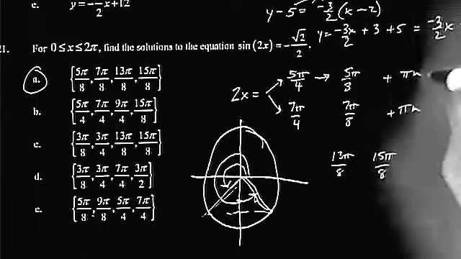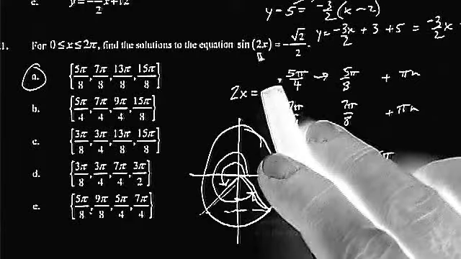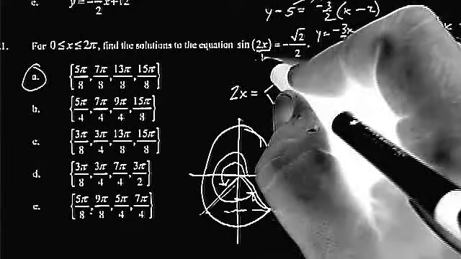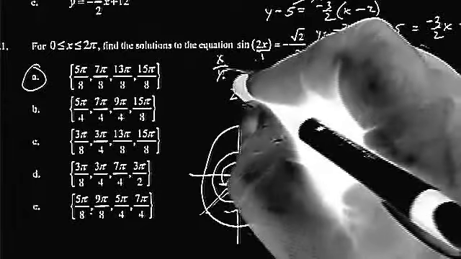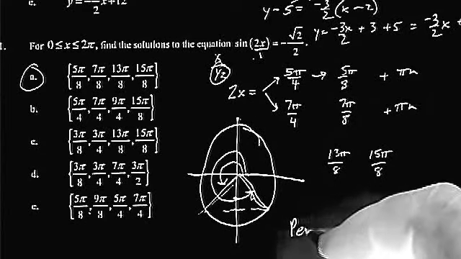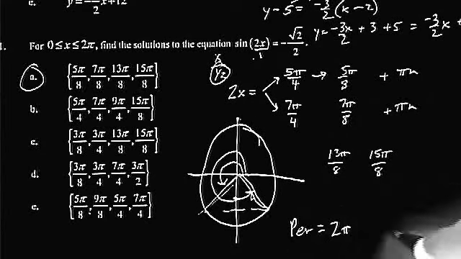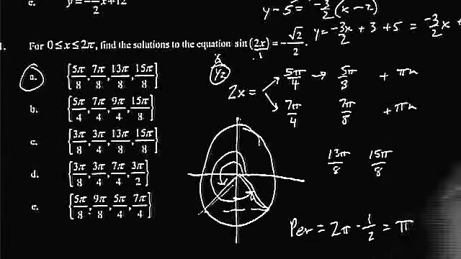But if you didn't know this, the period of the function has been reduced to pi. For those of you that don't know, 2x over 1 is the same thing as x over 1/2, and so it has been shrunk. So the old period of 2 pi for a sine wave had been reduced by 1/2 to pi.